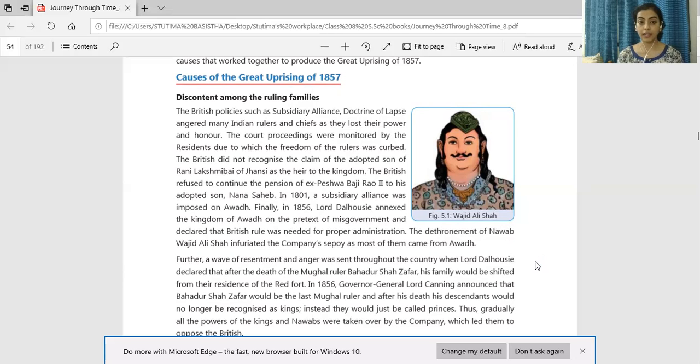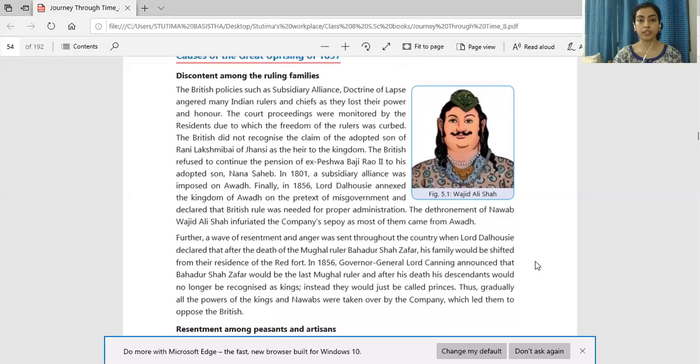That is why Lord Dalhousie removed the Nawab of Awadh, Nawab Wajid Ali Shah, and took Awadh under his total control. Because of this, the people of Awadh were totally angered that their Nawab was dethroned and now came under the control of the British.